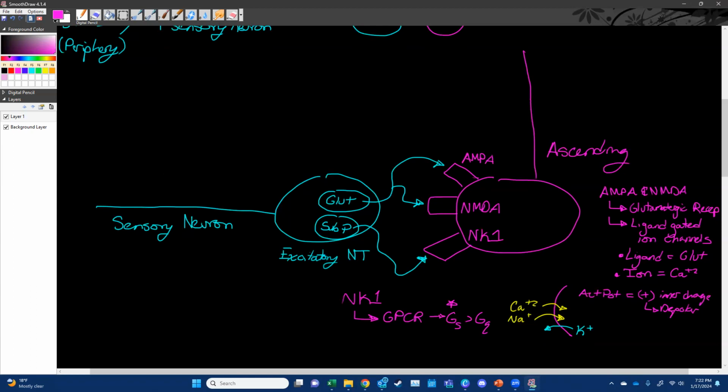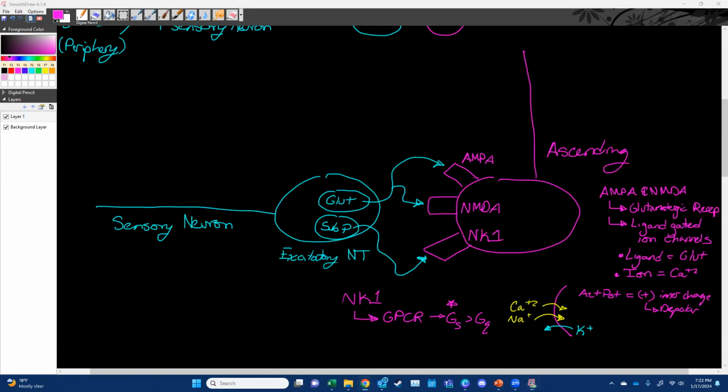The important thing to know about these three receptors here is that they all ultimately do the same thing. They all ultimately bring pain signals from the outside of the body, outside of the CNS, up into the brain. That's really all they do.